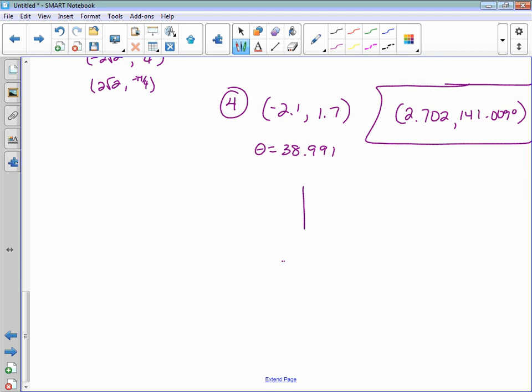Okay, so let's think about it. If I'm at -2, 1.7, I'm somewhere over here, right? So the theta, the 38.119 is right there, which means it's right here, so I need to start from 180 and go backwards how far? Yeah.